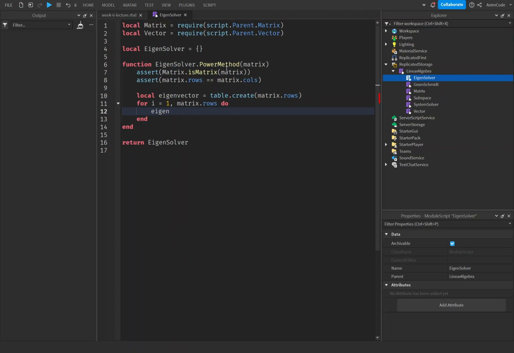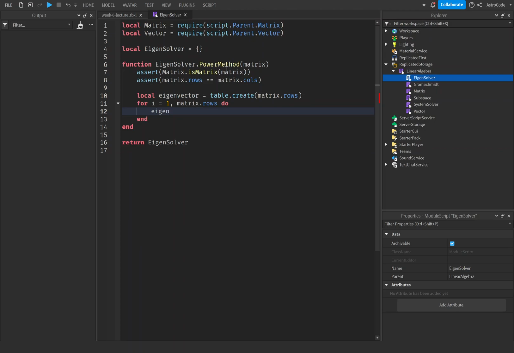We start with some random vector, and then we're going to improve on this guess. So we're going to repeatedly do something, and we'll get to our stop condition. What we're going to do is modify our eigenvector, so let's make sure we don't lose track of the current state of the eigenvector. We'll keep track of that there.